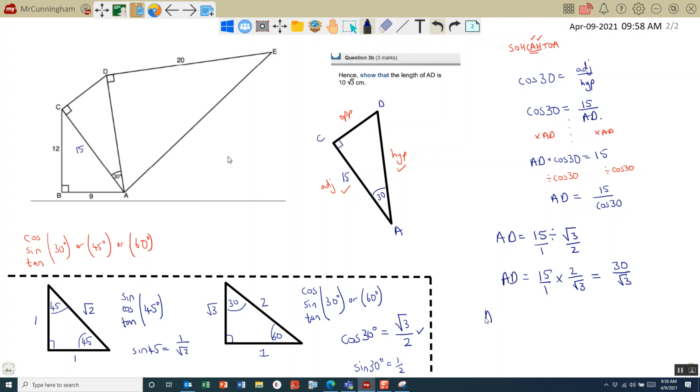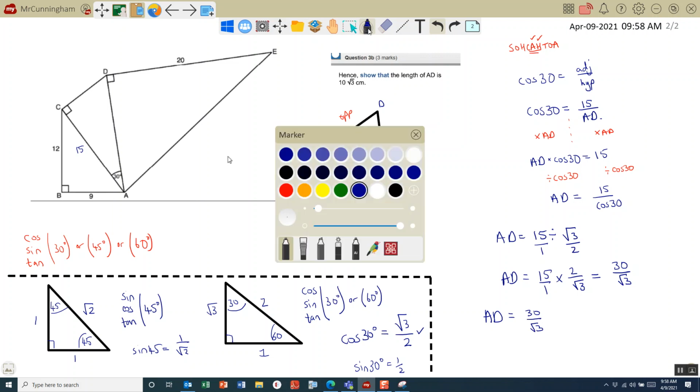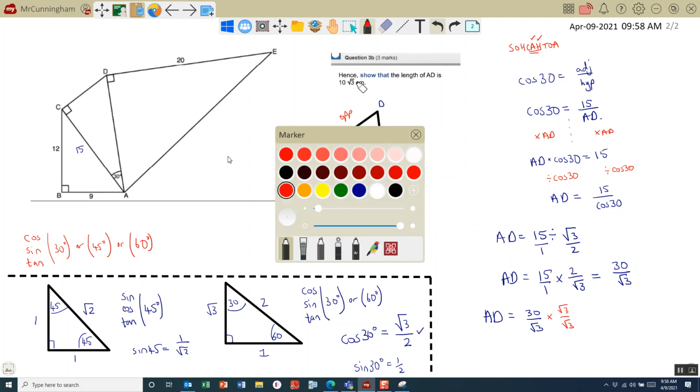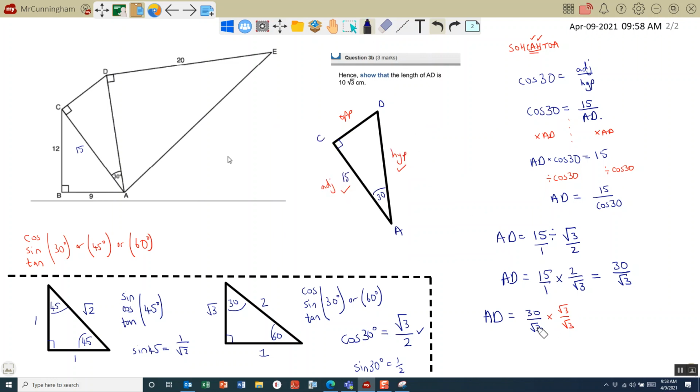So we're almost there. It's still not the same as what they have. But the difference is we have a root 3 on the bottom. And how do we get rid of the root 3 on the bottom? We need to rationalize the denominator. So I'm going to multiply top and bottom by root 3. This gets rid of the square root on the bottom. On the top I've got 30 times root 3.